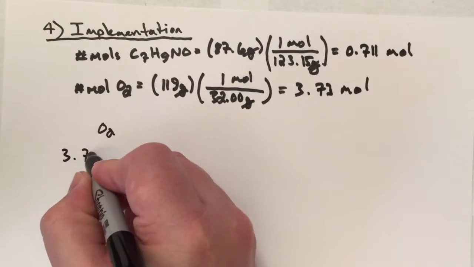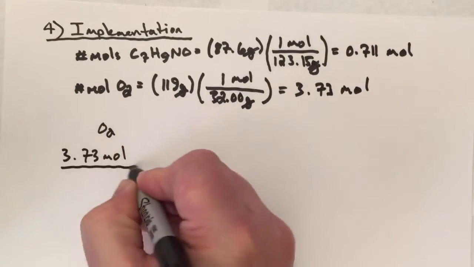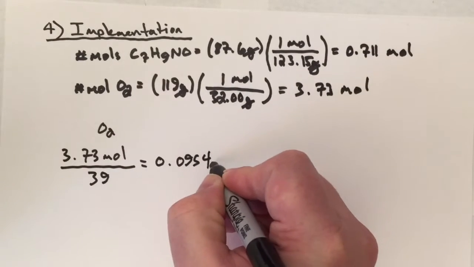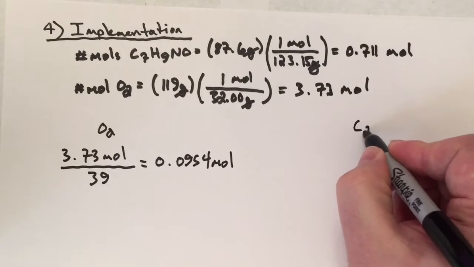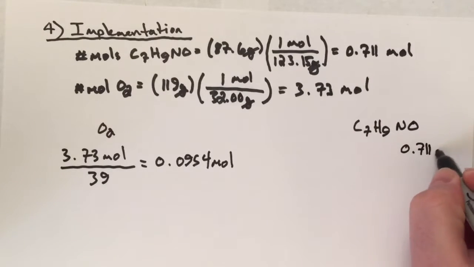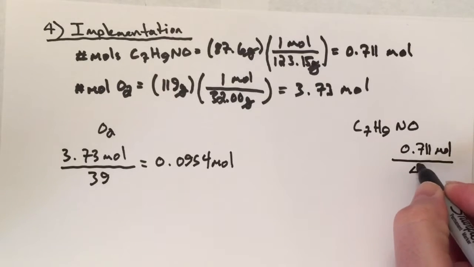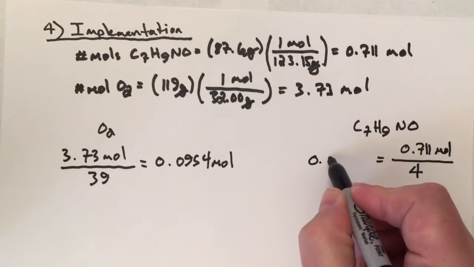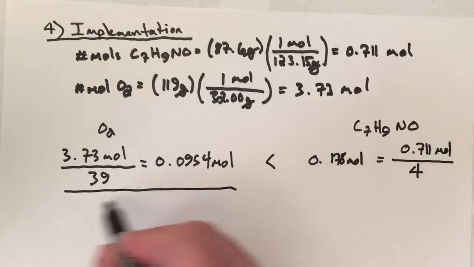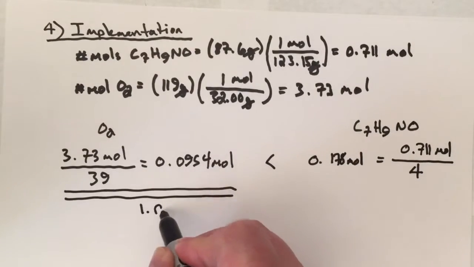Looking to see if O2 is our limiting reagent, we take 3.73 moles divided by 39. That equals 0.0954 moles. For the carbon-containing compound, 0.711 moles divided by 4 equals 0.178 moles. The O2 is less, so therefore it's our limiting reagent.